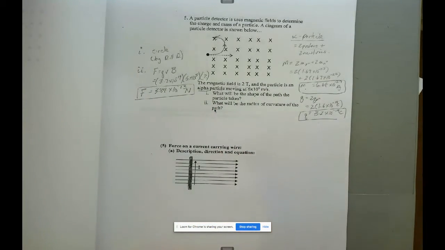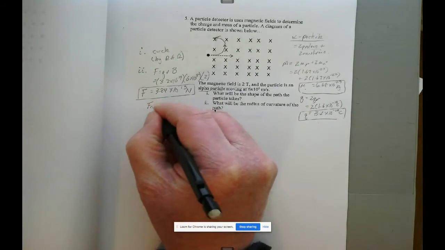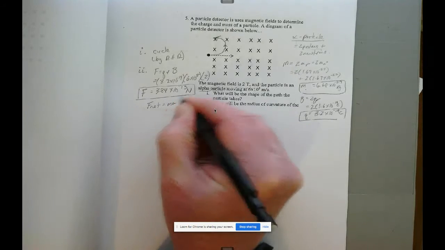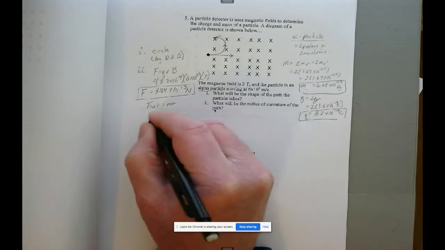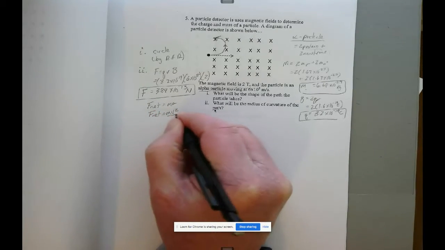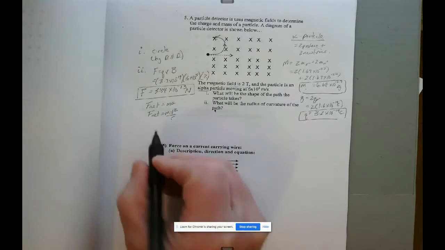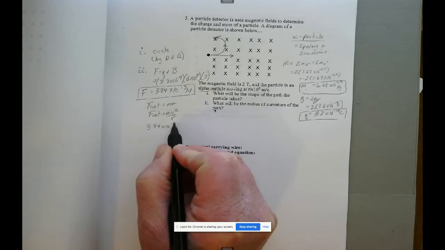Then we have to use our knowledge from the first semester of circles. And remember, when we have circles, we replace F net equals ma. For anything going in a circle, a becomes v squared over r. So F net is mv squared over r. So I'm going to put the F in over here, 3.84 times 10 to the minus 13th.